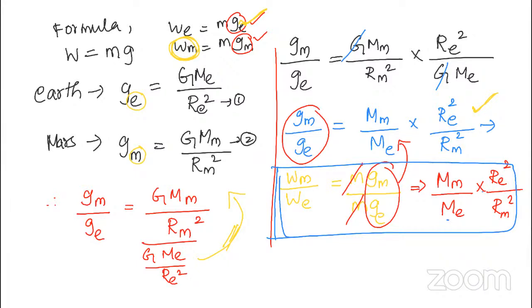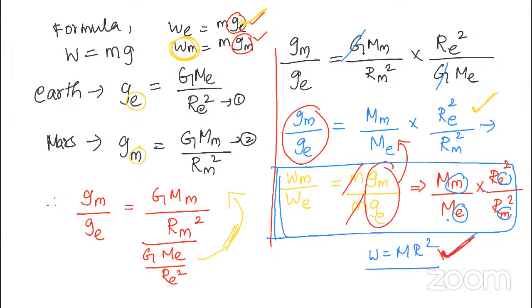Keep in mind, here M is M and R is R, but they come in opposite positions. If we know the formula, we directly substitute.